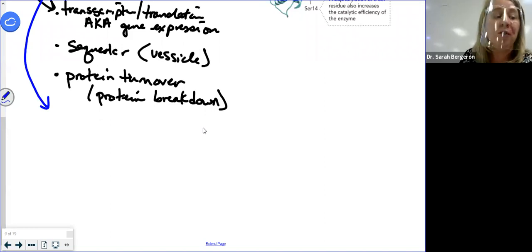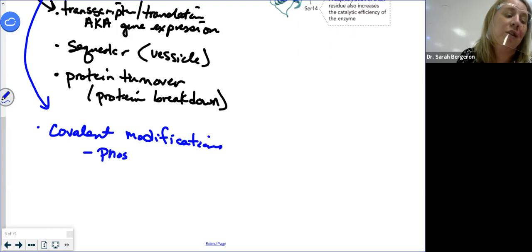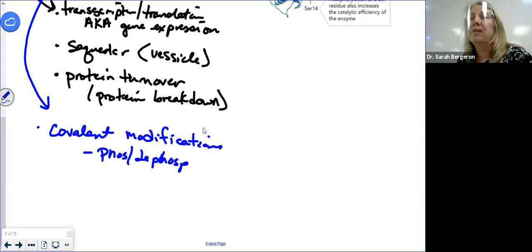So I would just generally put covalent modifications. And one of them would be phosphorylation, dephosphorylation. And there are others, but phosphorylation, dephosphorylation are kind of the biggest ones.